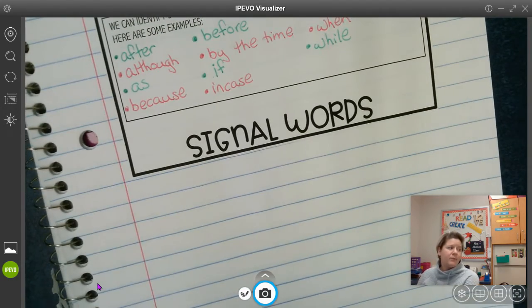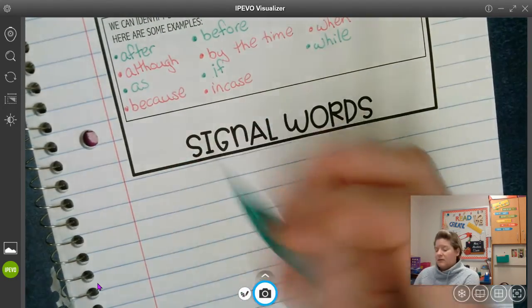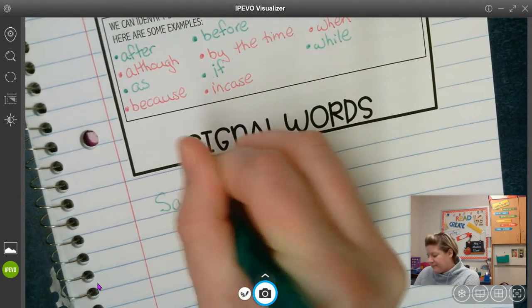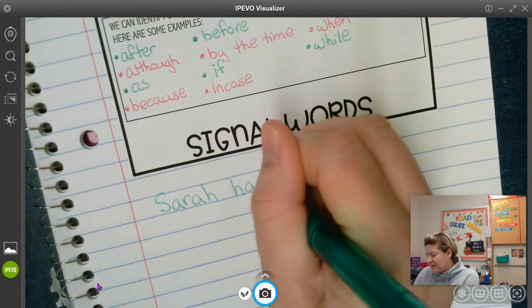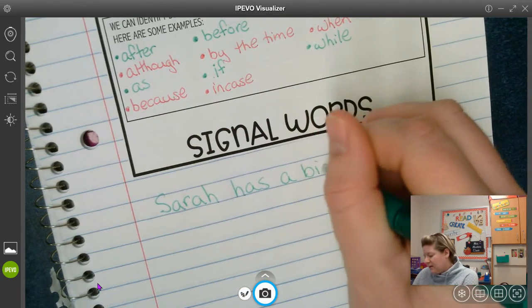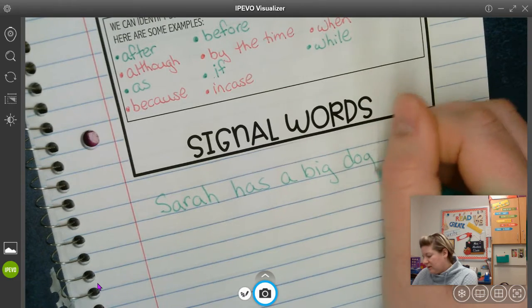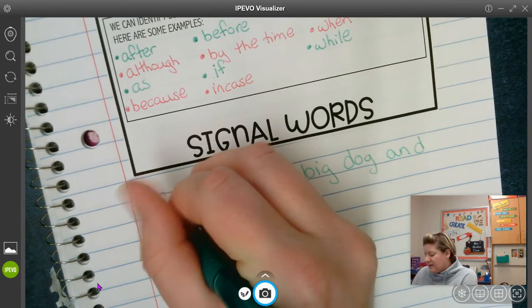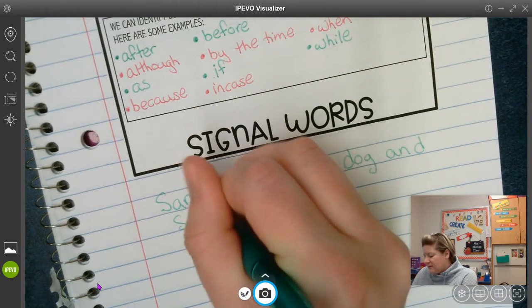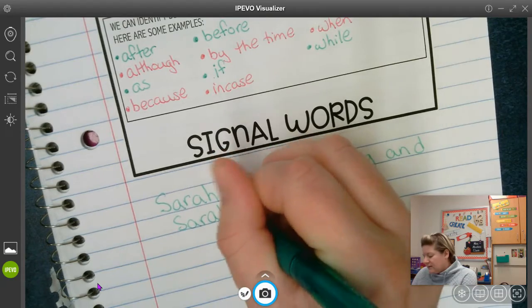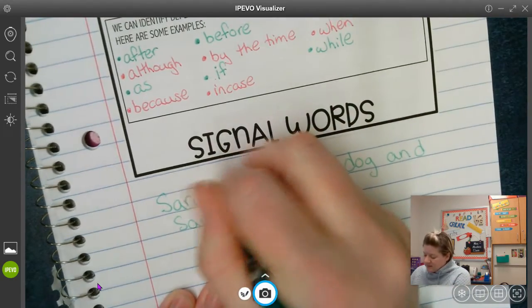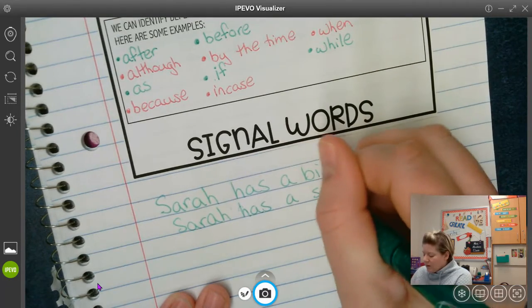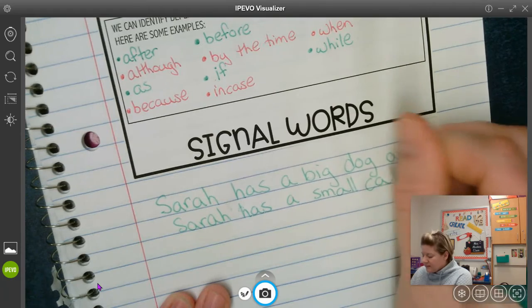So when we have our fanboys, we might have a sentence that says, Sarah has a big dog and Sarah has a small cat.